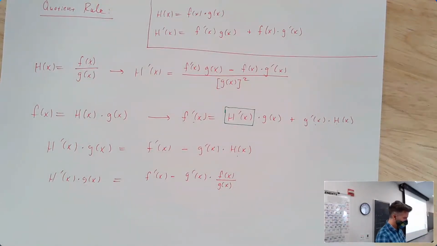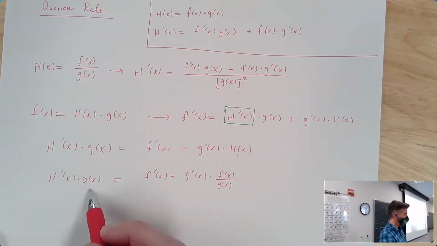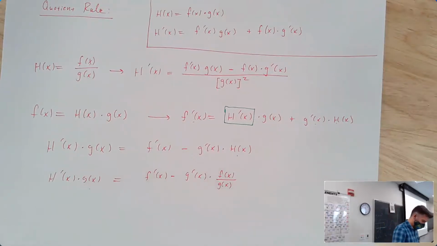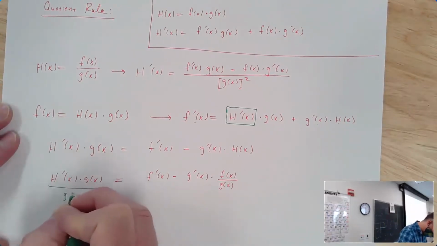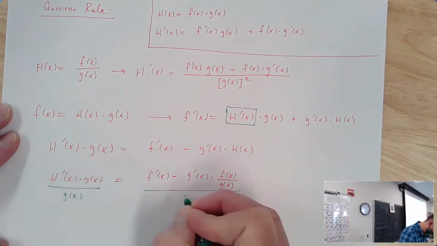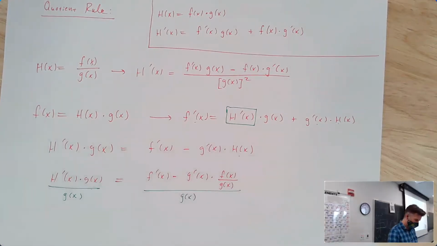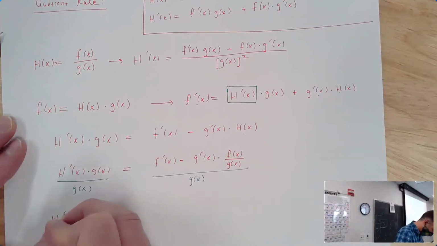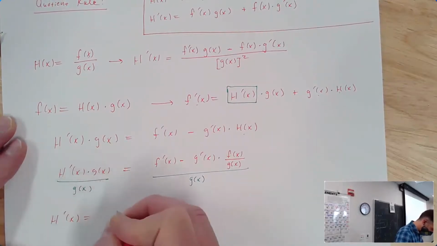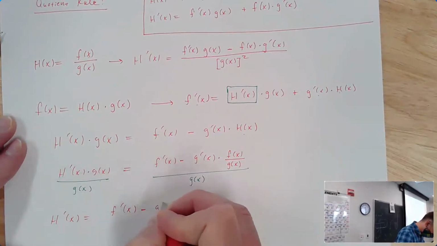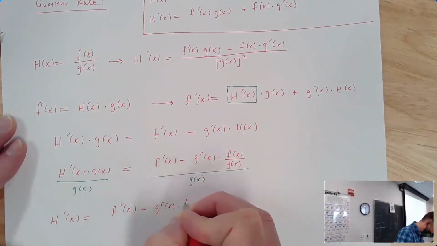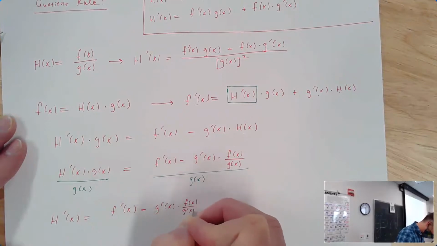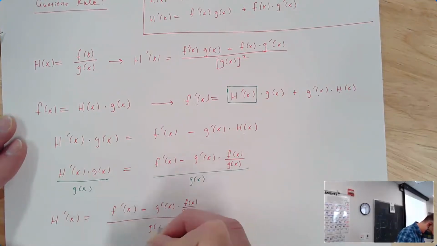And then I'm going to divide everything by that g of x there. Okay, so now I've got h prime of x equal to f prime of x minus g prime of x times f of x over g of x, all over g of x.